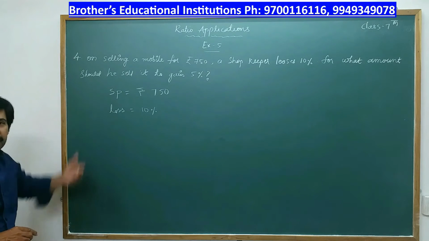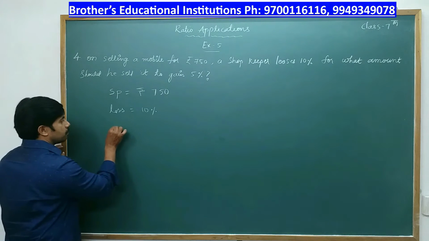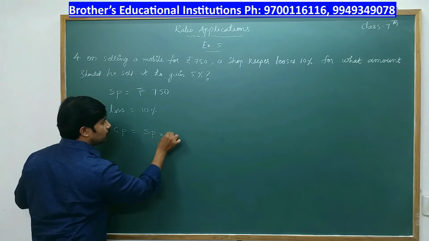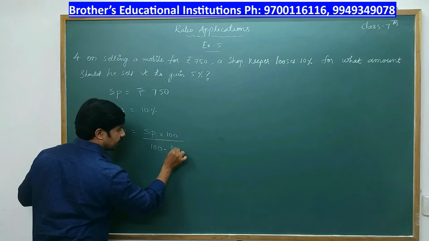So when selling price is given, first we'll find the cost price. How to find the cost price? Cost price is equal to selling price into 100 by 100 minus loss percent.